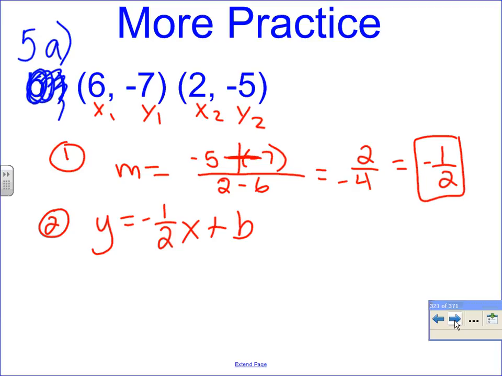Random guess is okay. No, none of those would work. I know what you're thinking. Maybe plug in and find it. Not for b. You're on the right track though. Good.